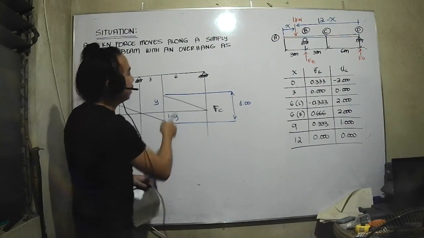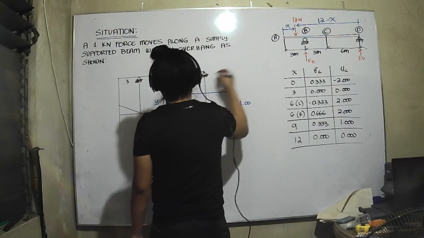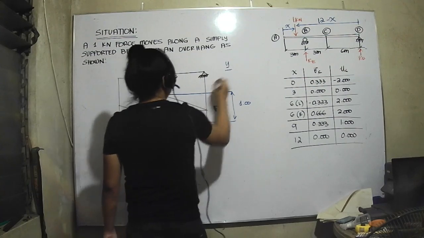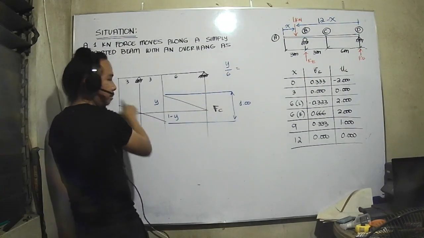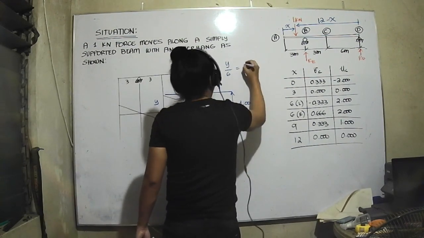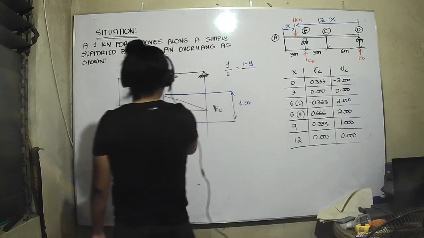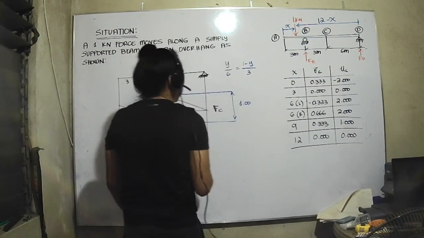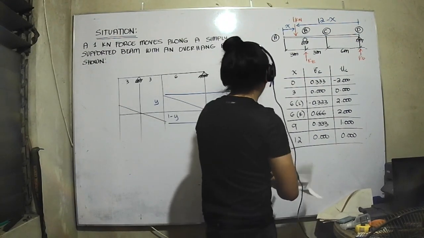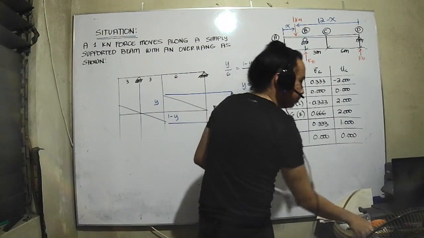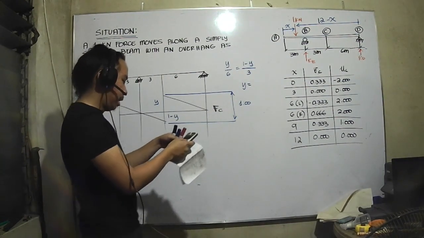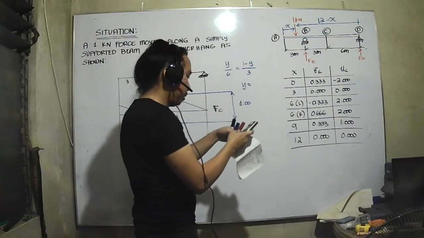Now, sa case dayon, ratio and proportion lang ta. I'll have y over unsa man na siya over 6, ba? Same gyapon siya slope. Okay? So this is 1 minus y over 3. I think masolve nato ang y, which is equal to 1/3, 2/3, ba? You just need to shift solve lang ni siya, ba?